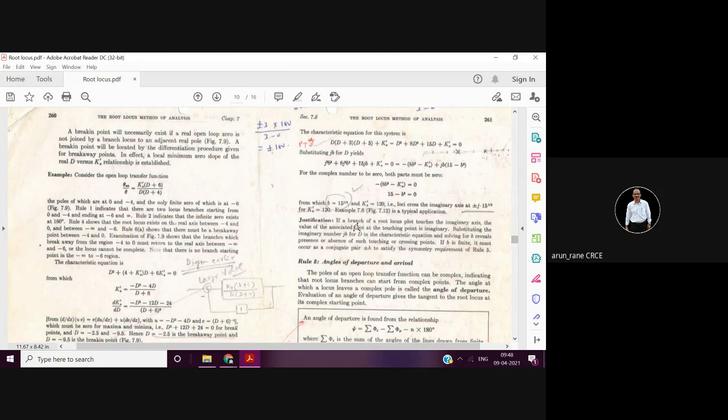That means this will cross the imaginary axis at plus or minus j root 15. j is nothing but your imaginary axis. Is this clear? This one. Yes, sir. Yeah. So how will you represent it on the y-axis?